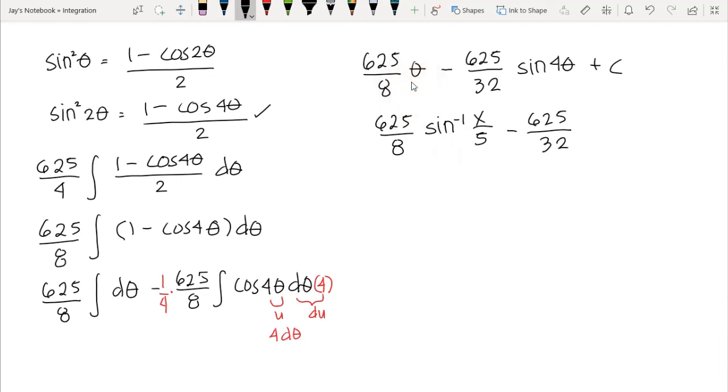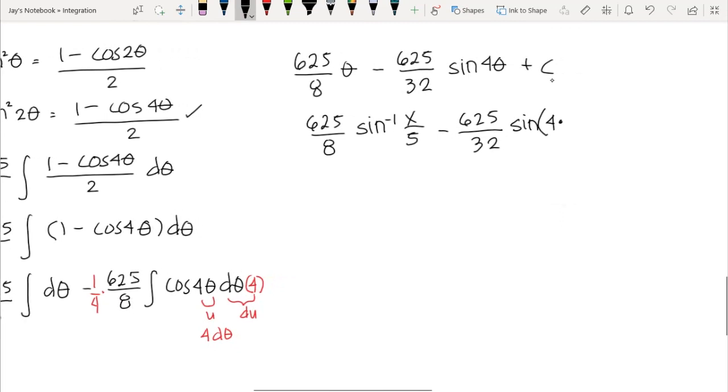Now, we don't have sine 4 theta in our right triangle, correct? Since our triangle only has sine theta, but take note, our theta here is multiplied by 4, so we can just say sine of the quantity 4 times the value of our theta. The value of our theta here is arc sine x over 5. So we have sine of 4 times arc sine of x over 5.